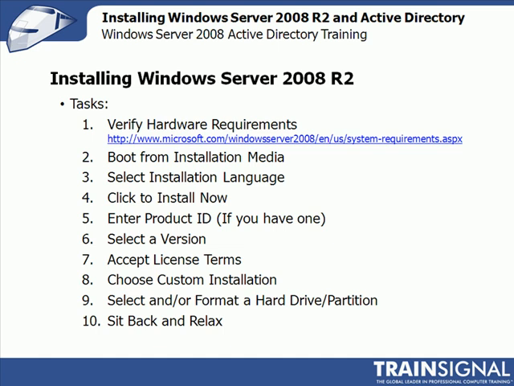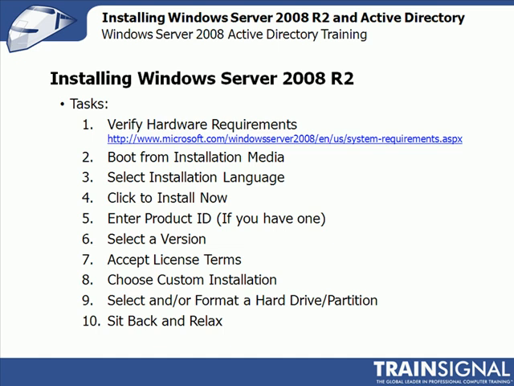All right, so the first step to installing Active Directory is you have to have a Windows Server operating system. And again, in this case, we're going to go with Windows Server 2008 R2. So on the screen, I have some steps listed that you have to go through when installing Windows Server 2008 R2.